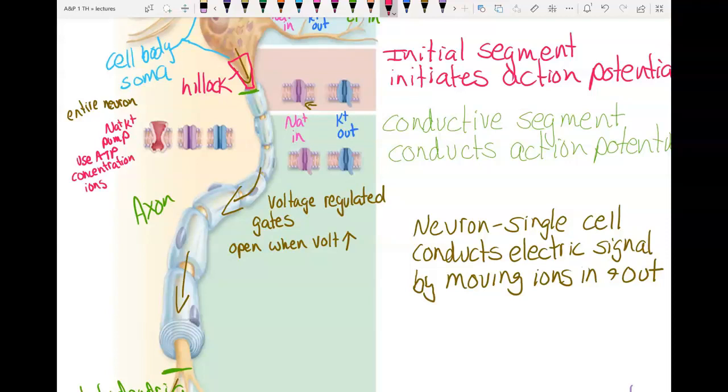This pump moves both sodium and potassium. It pumps sodium out, and it pumps potassium in. The other two are leak channels. Notice there's no flap there. They don't close, so these are channels. The pink one is sodium and the blue one is potassium.